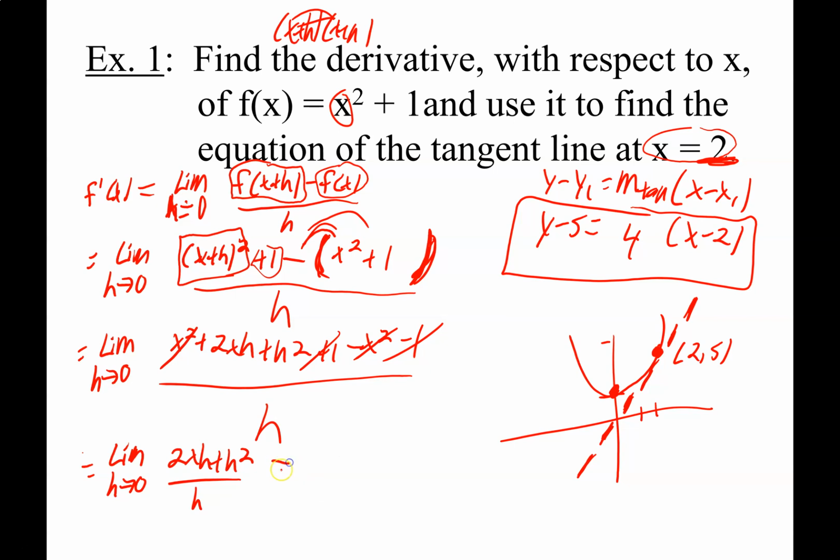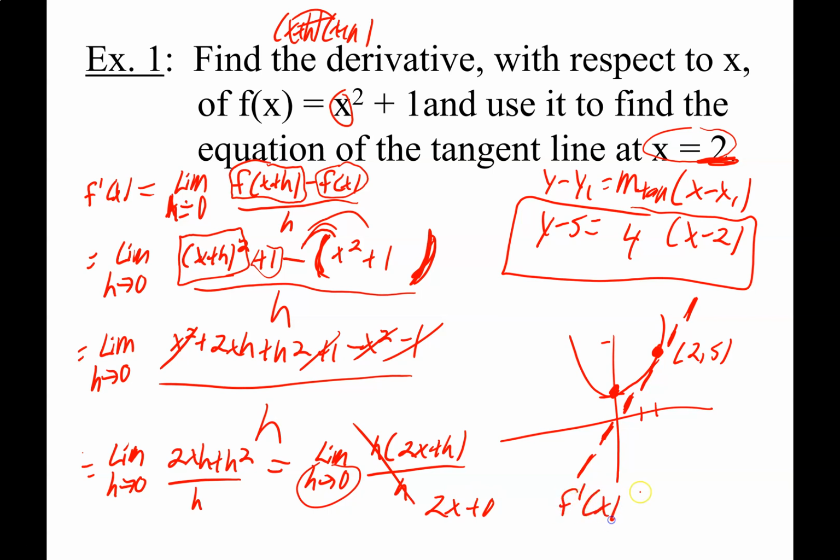To deal with the 0 over 0 indeterminate form, I'm going to factor an h out on the top. That's 2x plus h all over h. Now those h's cancel, leaving me with 2x plus h, and h approaches 0, so that gives me 2x plus 0. In other words, I get f prime of x is 2x.